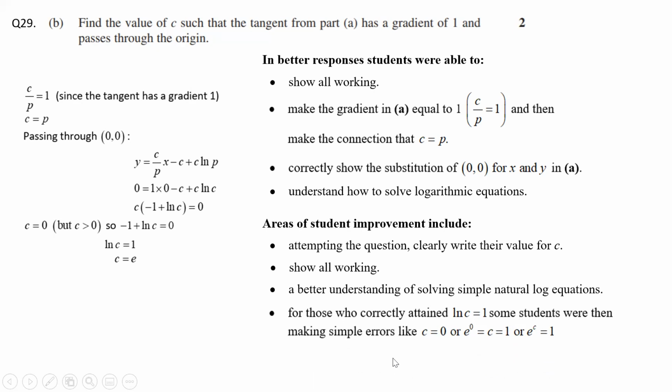And then from there, they make a mess of the last little bit there. So just to finish it off, they know that there's a 1 there, there's a power. So does the power have to be a 0? Then they might write e to the 0 is equal to c is equal to 1, or e to the c is equal to 1. So getting to that second last line and then making mistakes on that last line itself, just to finish the question off.